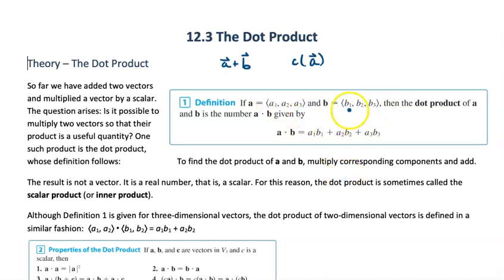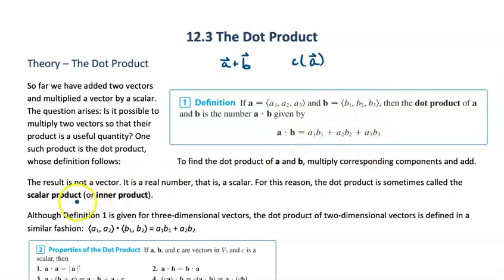Because all six of these components are just numbers, when we multiply two numbers, add the product of two numbers, and add the product of two numbers, we no longer get a vector. We don't have three terms anymore, now we just get one number. So the dot product of A and B gives us a scalar.